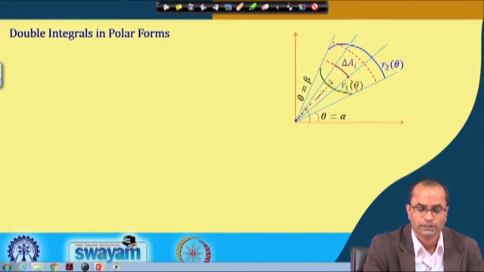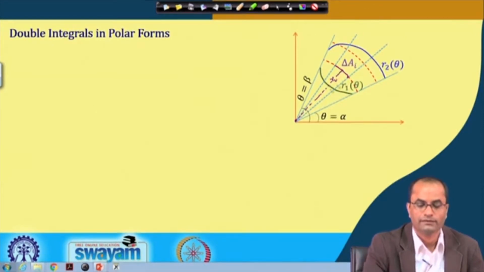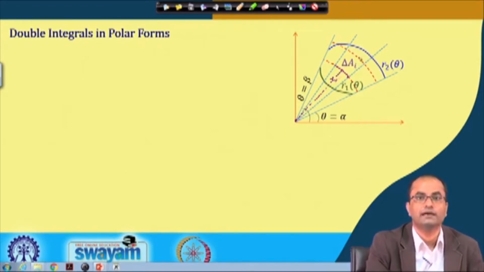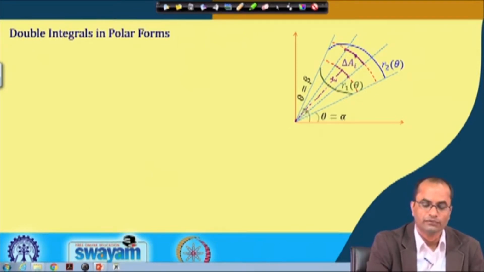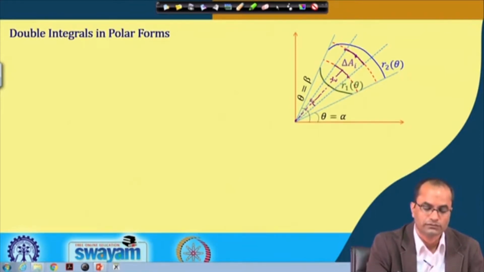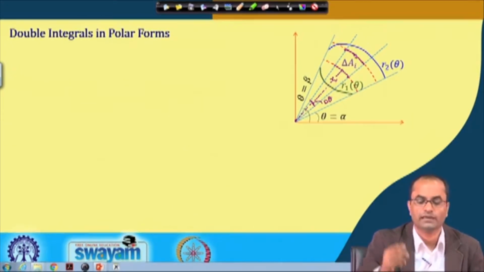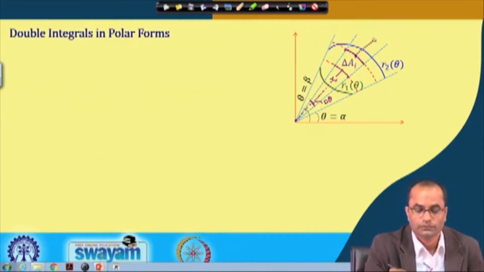Then we take an increment in r i by delta r i to reach the other radius, r i plus delta r i. Similarly, the angle we trace from here to here is described by delta theta.